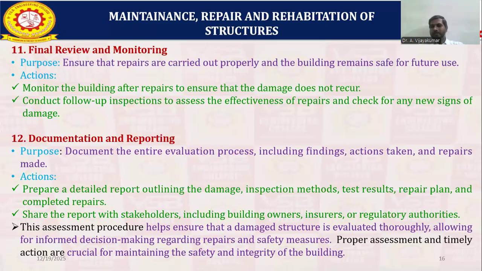Proper assessment and timely action are crucial for maintaining the safety and integrity of the building. So when you are going to assess a damaged building, these are the common procedure in 12 steps. We have discussed the steps we need to follow before going to any actions.